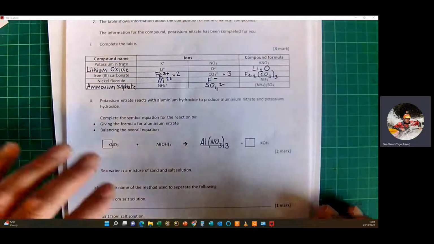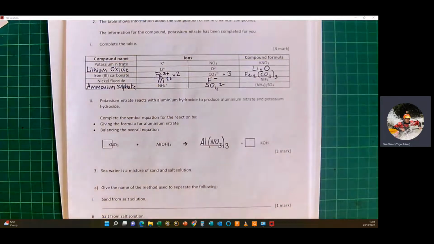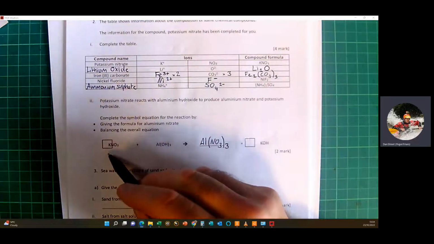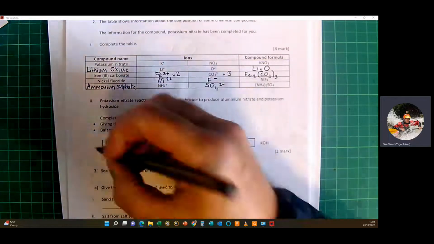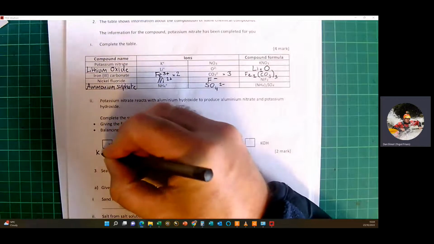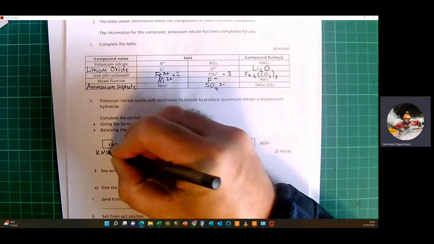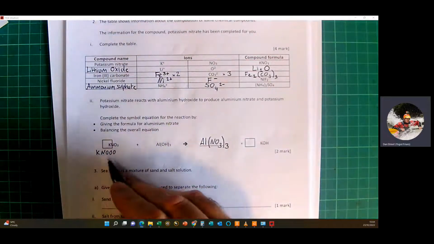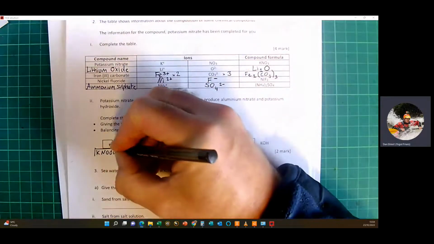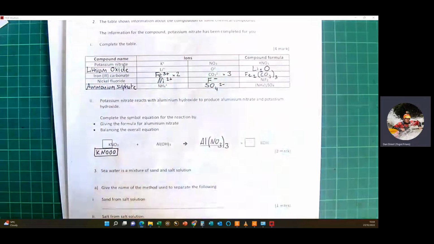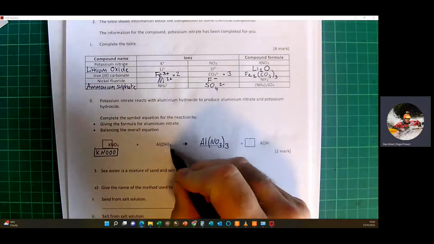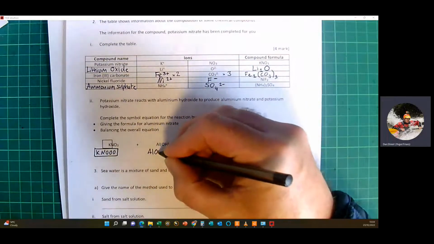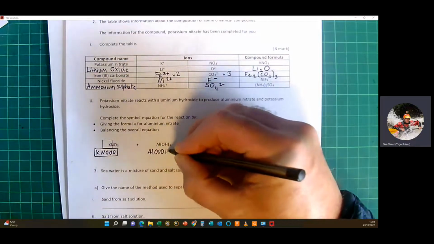And then we need to now balance this equation. Okay, so if we use the boxes method, we go for K, N, O, O, O, so that's KNO3 represented as a box. So that's one molecule. Al(OH)3, so that's Al, and then we've got 3 O's and 3 H's.